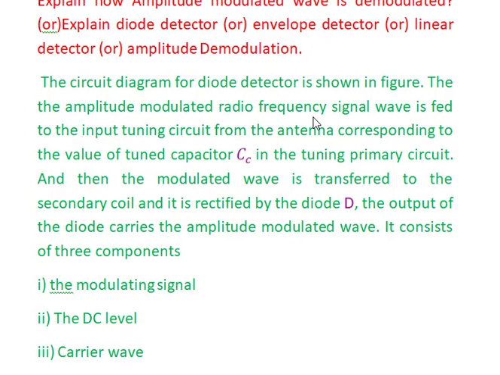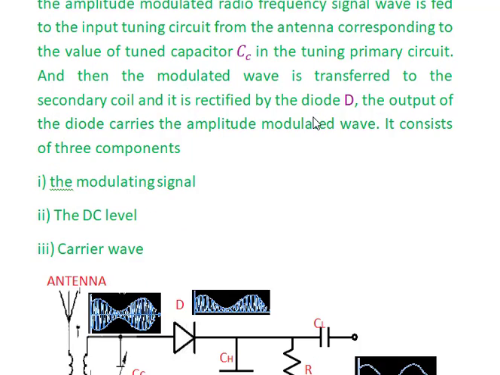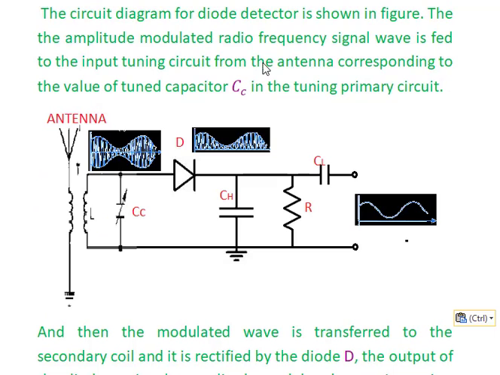So the circuit that we have seen, the diode detector circuit, is shown here. The circuit consists of the antenna, a tuning circuit, a tuning capacitor, a diode, a high pass capacitor, a low pass capacitor, and a parallel resistor.